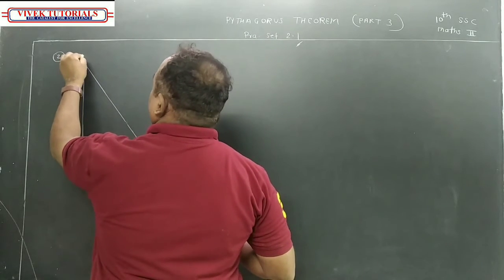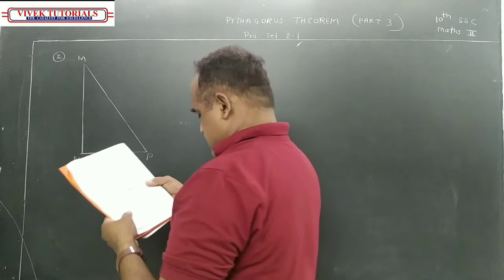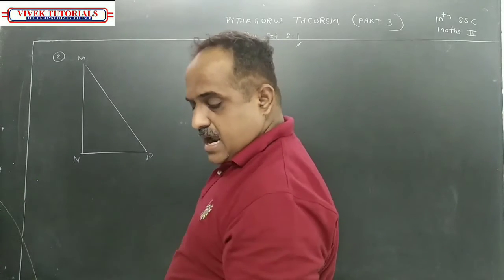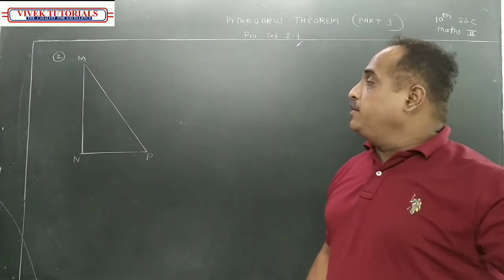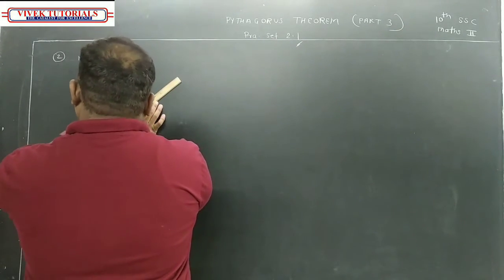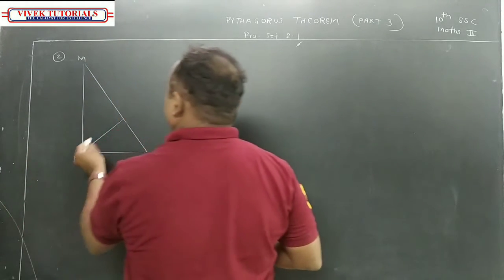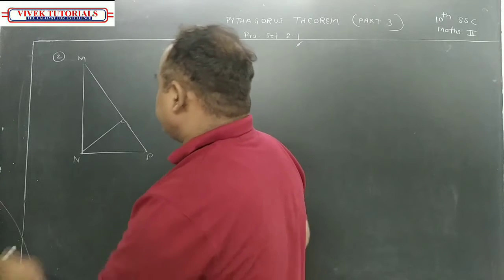This is a triangle MNP and they have given that NQ is perpendicular to MP. Okay, this is the perpendicular sign.